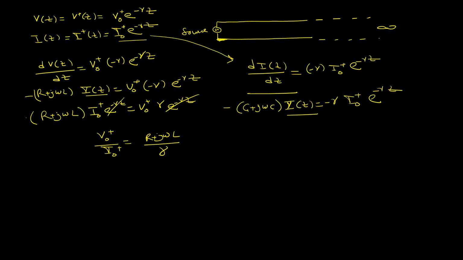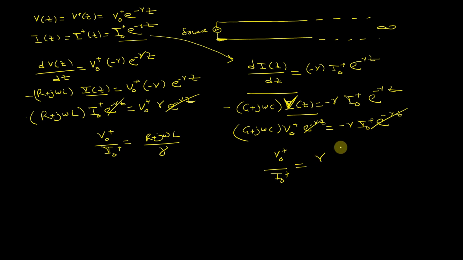Put the value of Vz. Vz is V naught plus e raised to power minus gamma z, so the minus signs cancel out and that gives G plus j omega C times V naught plus e raised to power minus gamma z equal to gamma I naught plus e raised to power minus gamma z. So that will cancel out. You will get V naught plus divided by I naught plus is equal to gamma divided by G plus j omega C.